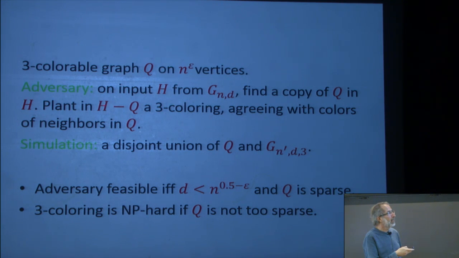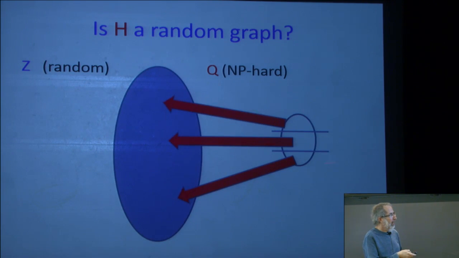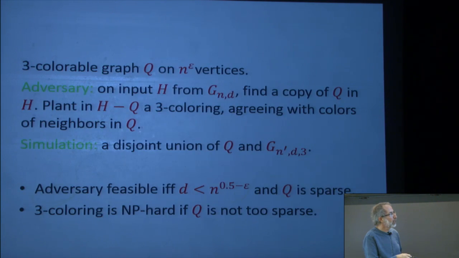Then it has to plant in H minus Q, in the remaining vertices, a three-coloring which agrees with the colors of neighbors in Q, so as to cause these edges to drop and get this picture. So this is what the adversary has to do, and this is the simulation. The first question is, when is the adversary feasible at all? When does a copy of Q even exist inside H?